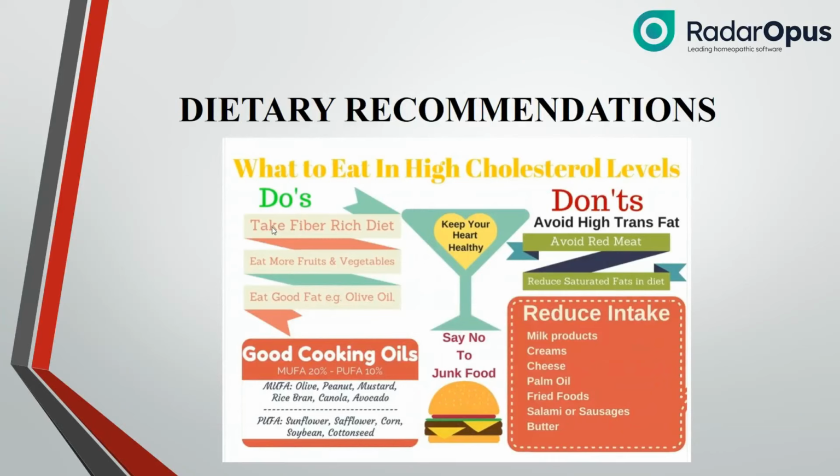Reduce the intake of creams, cheese, palm oils, fried foods, butter, ghee, and say no to junk foods. Take a high fiber diet, take more fruits and vegetables, and eat good fat like olive oil, so use a good cooking oil. So these are some dietary recommendations which you can suggest to your patients with high cholesterol levels.